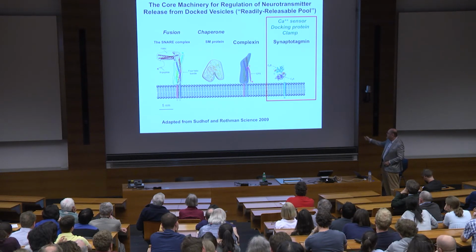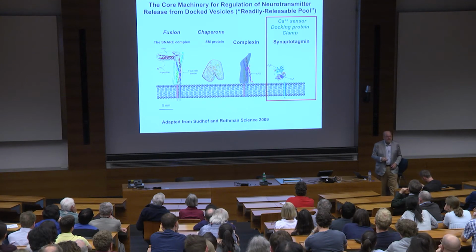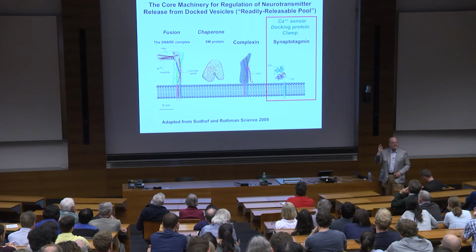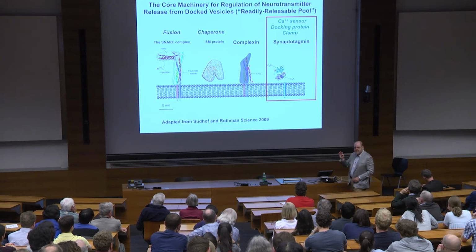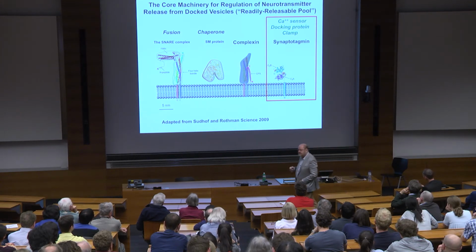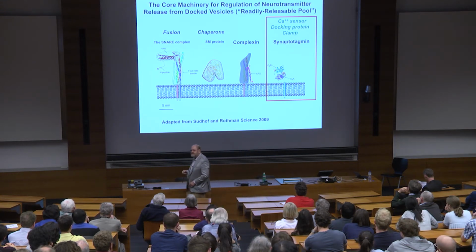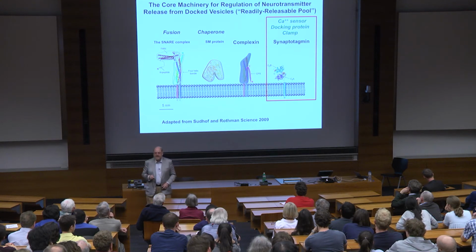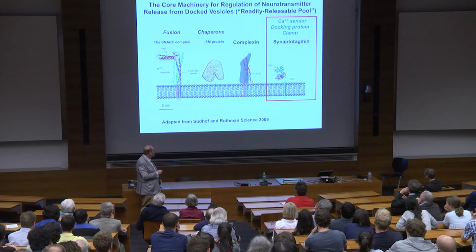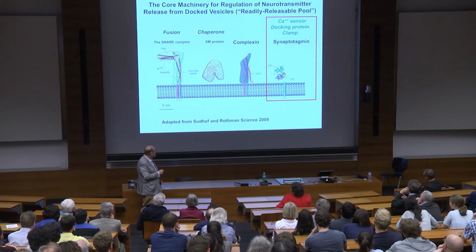Synaptotagmin, he went on to show, is the calcium sensor of Bernard Katz that actually binds the calcium as it enters and triggers in one way or another the release of the vesicle. Complexin is a simple helical protein that binds to the outside surface of the SNARE complex. And despite the simplicity of the polypeptide, it has a complex phenotype.